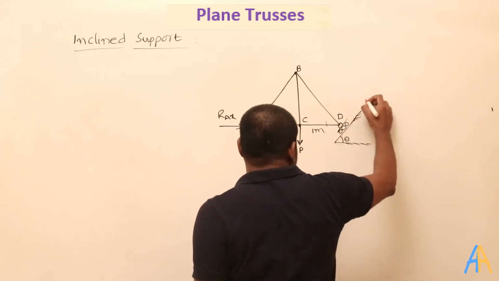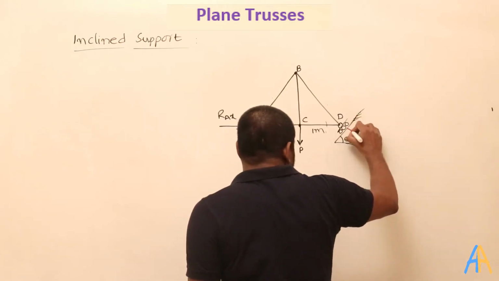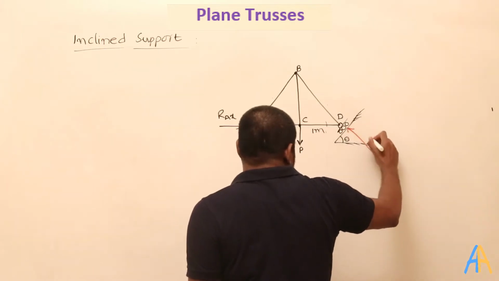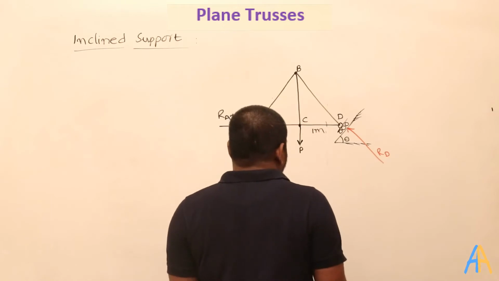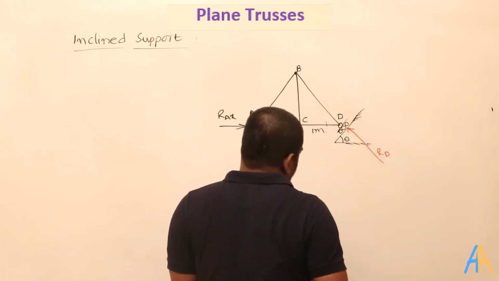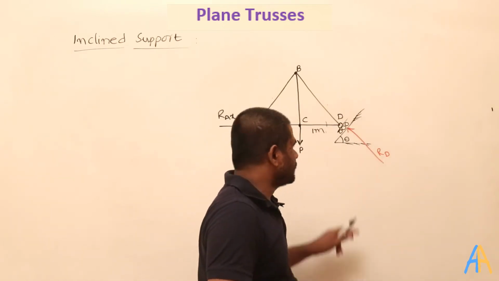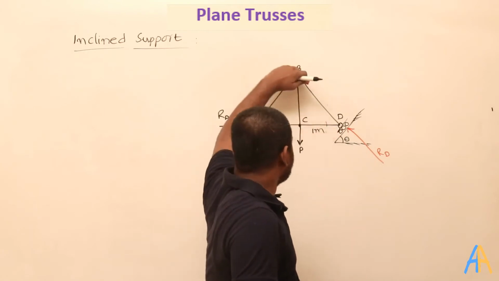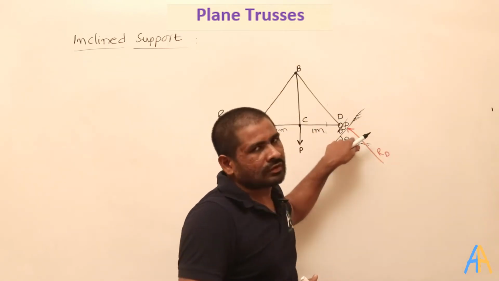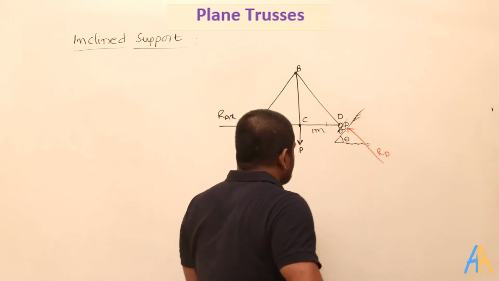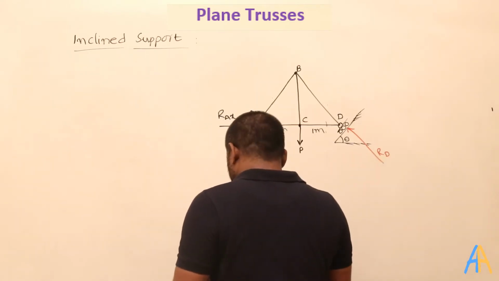This is the inclined plane and this is perpendicular to the surface. This is the reactionary force RD. Whether it is along the BD or inclined to the BD depends on the angle theta here. So RD is like this.